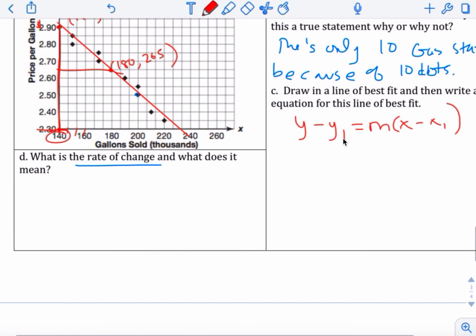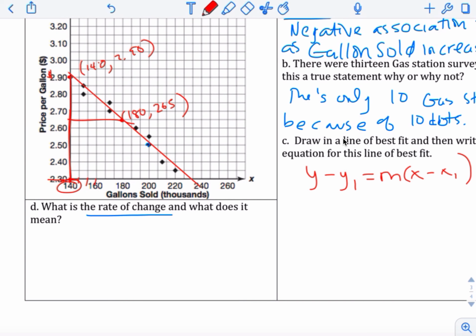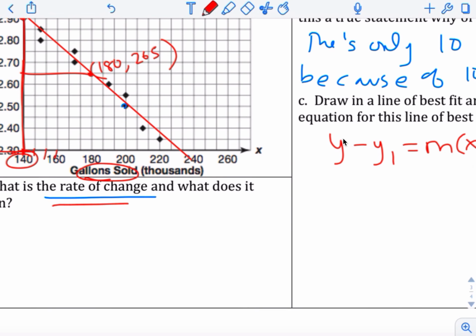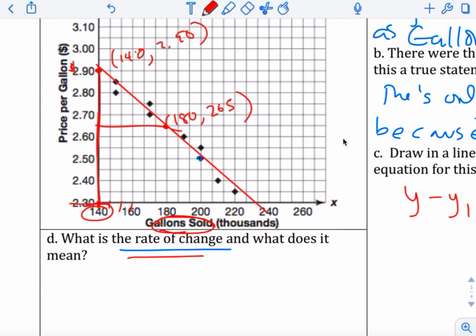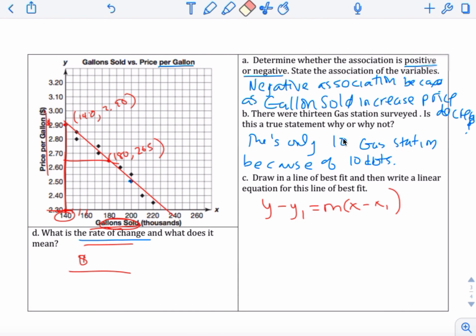I need to find the rate of change. What it means is that for 1 gallon sold, they charge a certain amount of money. The price per gallon. So whatever it is, price per gallon. That's what it means.